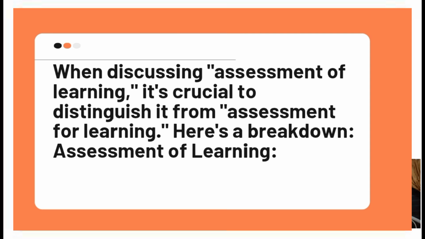It also promotes metacognition. So in essence, assessment of learning measures what students have learned.